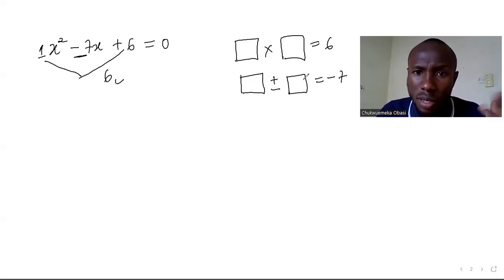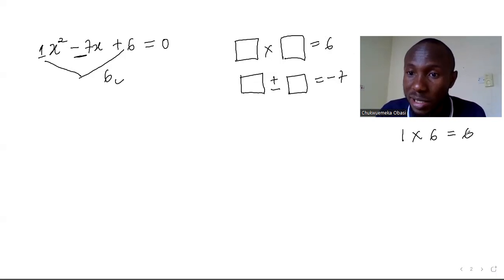How do we find those two numbers? You start with the multiplication. What will you multiply to get 6? Of course, 1 times 6 will give me 6. And you want to either add or subtract them to get a negative 7, right? If you add these two, 1 plus 6 will give us 7. But what we need is a negative 7.